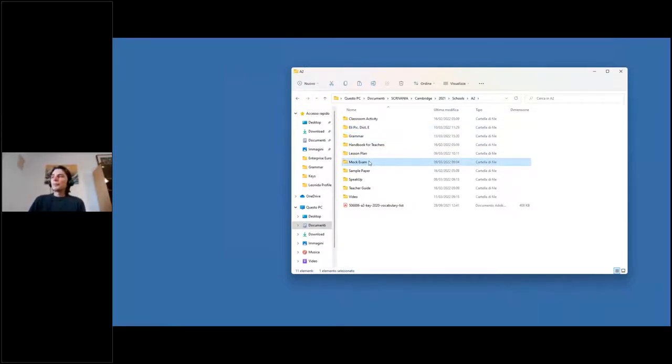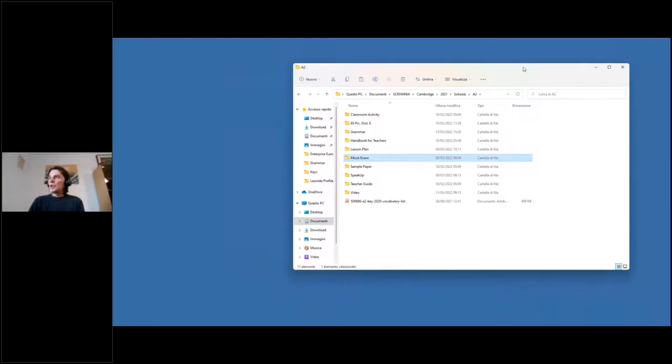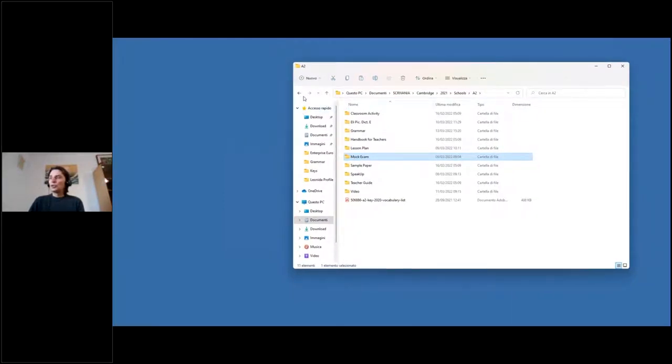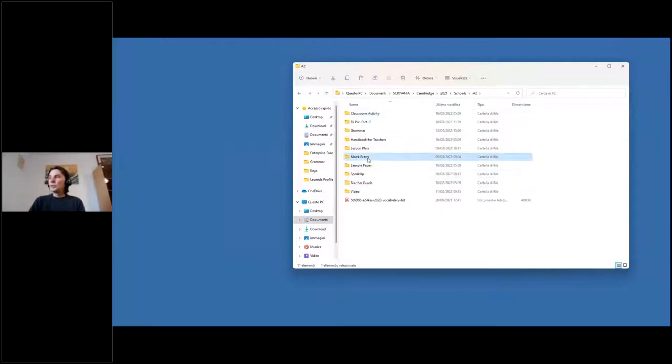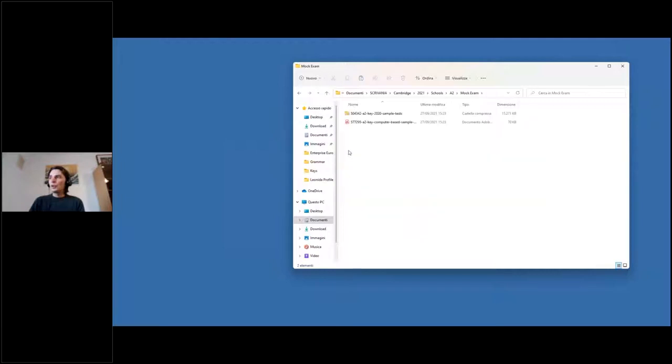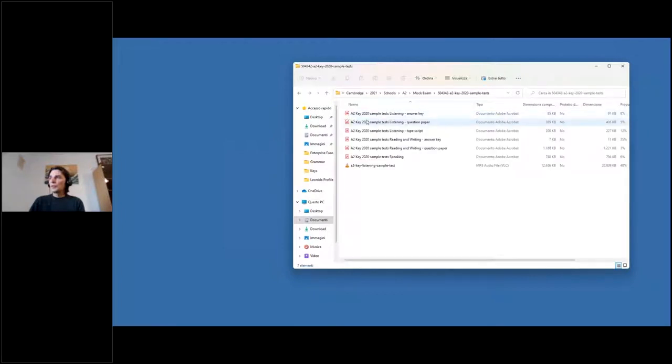So remember, as I told you last time as well, you should have downloaded the mock exam folder, right, from our class material, from the link I gave you. If you open the mock exam folder, you are going to find a zip folder.